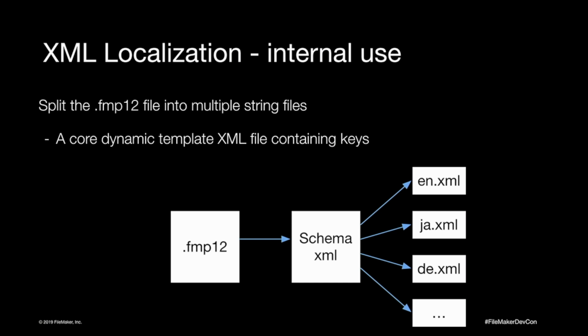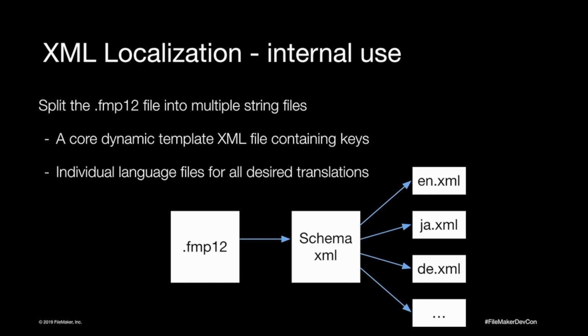So if you ever poke around in the add-on tables portion of your hard drive, you'll see something like this data structure here. What we do internally is output the XML and split all the user-defined strings into separate files. I'm going to call it the schema XML, and then we have separate files for each language.